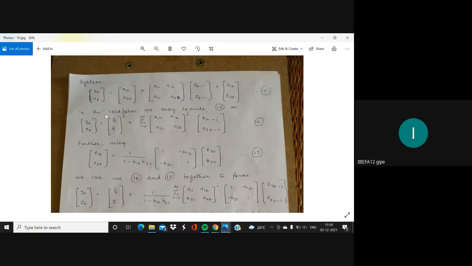So this will be the vector moving average representation of the VAR model itself. Instead of the VAR model in the standard form, we are simply writing its vector moving average representation this way: here you have the mean values, and here you will have the cumulative sum of the error terms.